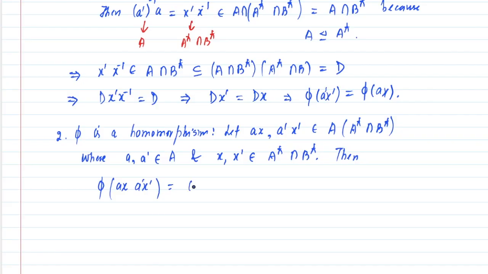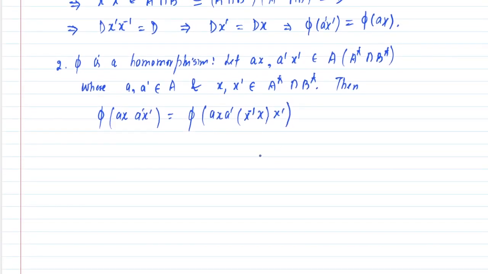Now we can write this expression as pi of a x a dash, and here we include x inverse x, because x inverse x is equal to identity. So this is equal to pi of a x a dash x inverse, x x dash, because these are all elements of a group G, and G satisfies the associative property. Now here we evaluate this expression a x a dash x inverse.